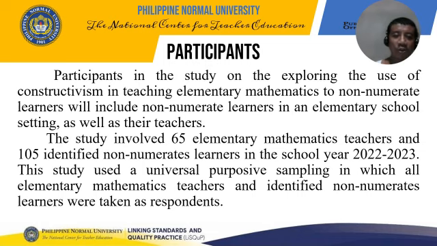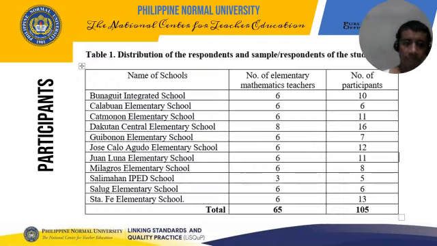This study used a universal purposive sampling in which all elementary mathematics teachers and identified non-numerate learners were taken as respondents. In Table 1, the distributions of the respondents and sample respondents of the study.